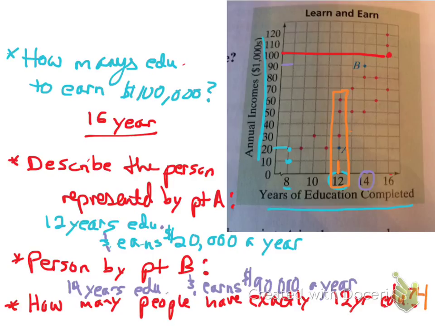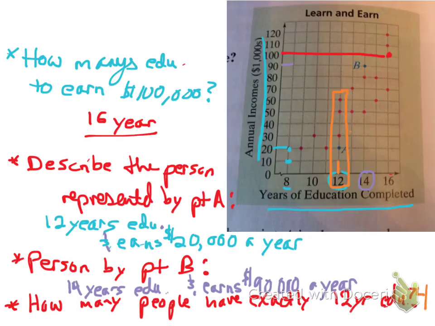So from the scatter plot, we are able to just glean some information. There's not many people who only have 8 years of education, only 2. There's one person who has 9 years of education. There's a lot of people who have about 12 years of education.